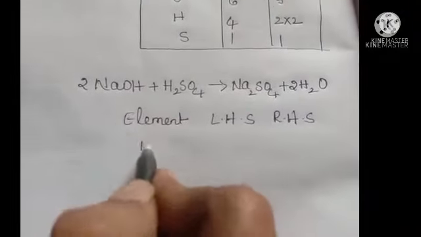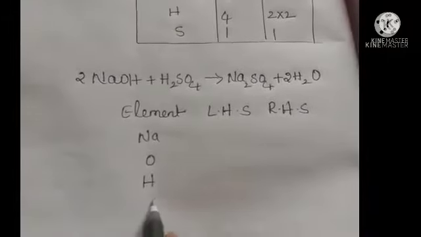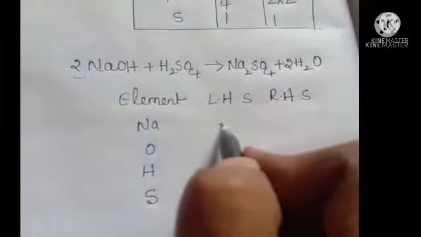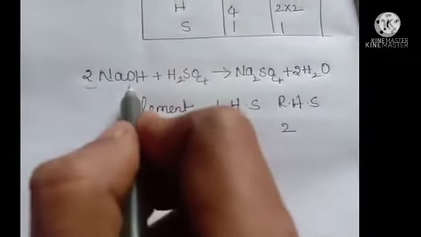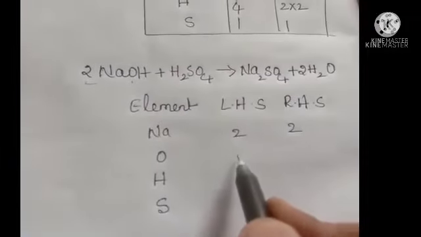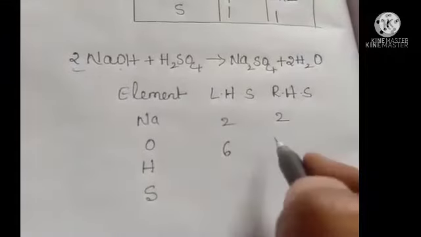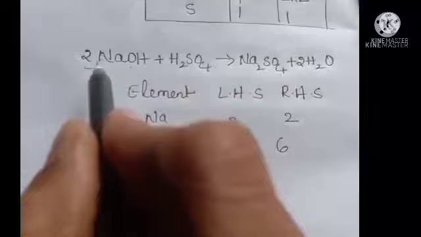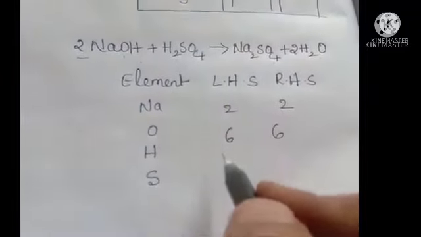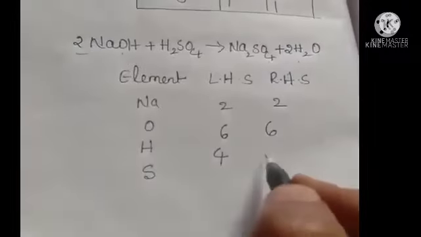The elements are sodium, oxygen, hydrogen, sulfur. Sodium: left side 2, right side also 2. Oxygen 2 plus 4, 6; here 4 plus 2, 6. Hydrogen 2 plus 2, 4; here also 2 into 2, 4.